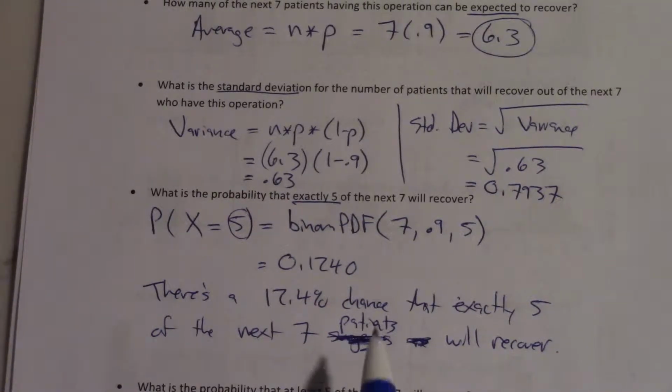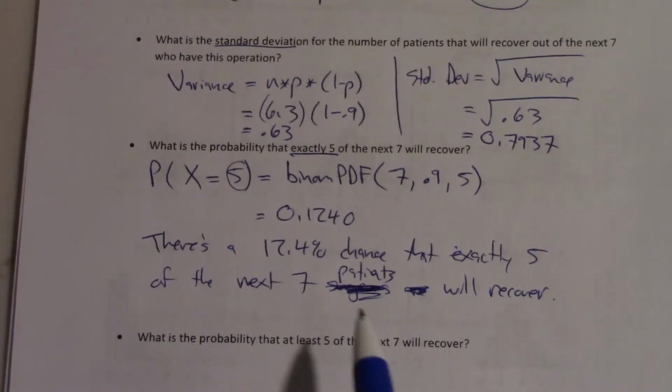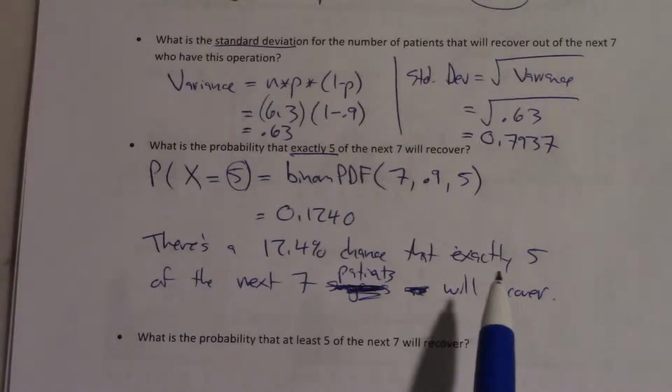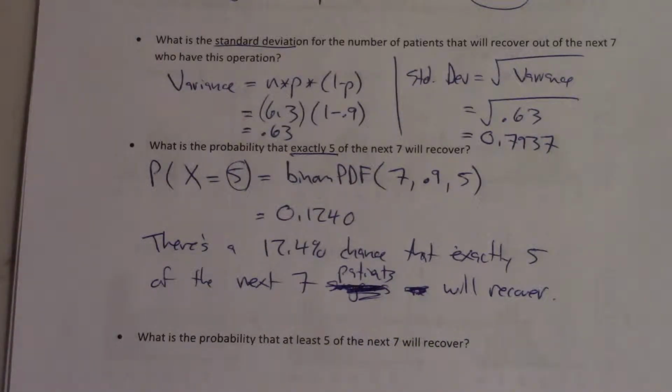And maybe that seems wrong, because there's a 90% success rate. And we're saying that there's a 12% chance that 5 will recover.